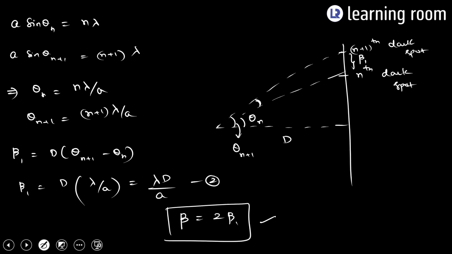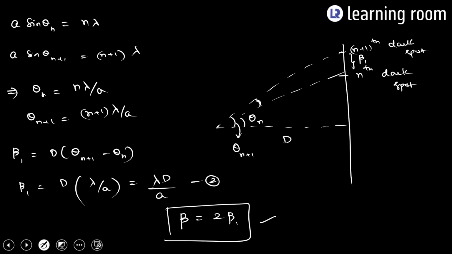Means the width of the central maximum in the case of diffraction is always twice the width of any other maximum that you can see. This is a very, very important expression. So you can either tell it in terms of width, or you can also say in terms of angular width. Both are the same; angular width means only in terms of angle.